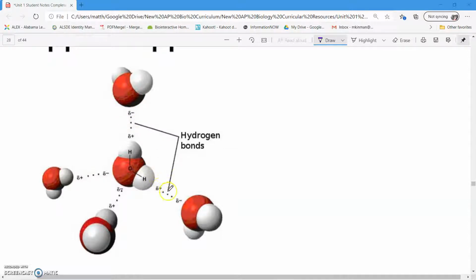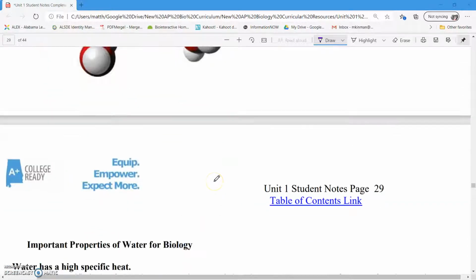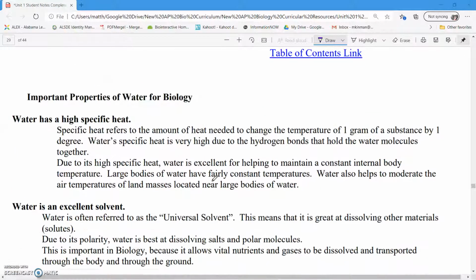And then same here, hydrogen to oxygen, hydrogen to oxygen, hydrogen to oxygen. And that causes all of these water molecules to want to stick together in what is known as cohesiveness. Cohesiveness is very important for these important properties of water for biology.